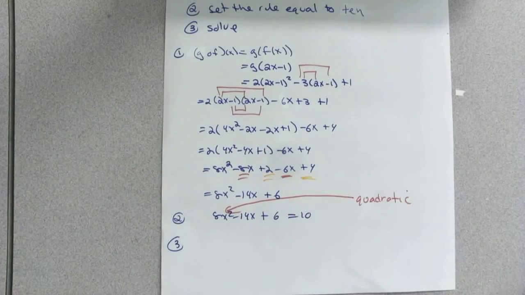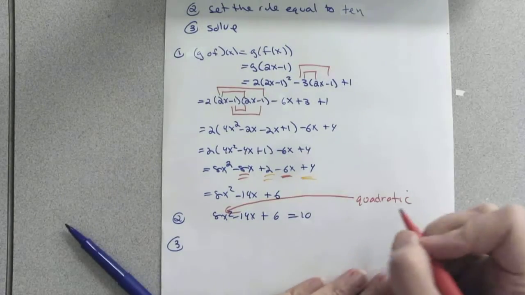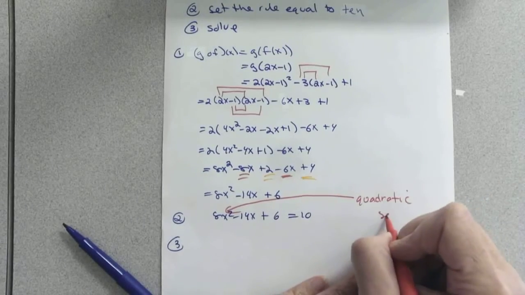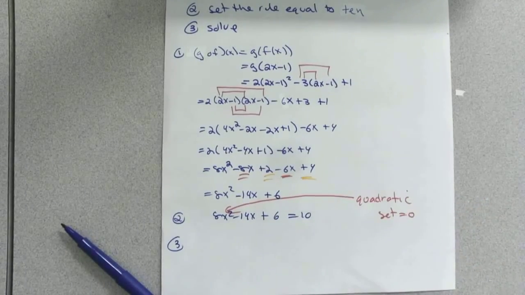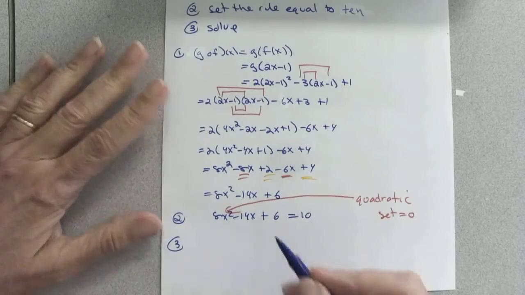I got 3 choices for quadratics. Square root method. That 14x won't make it a square root method problem. Thus, I'm down to quadratic formula or factoring, and the easiest thing to do would be one of those two things. And so for both of those, I need to set it equal to 0.